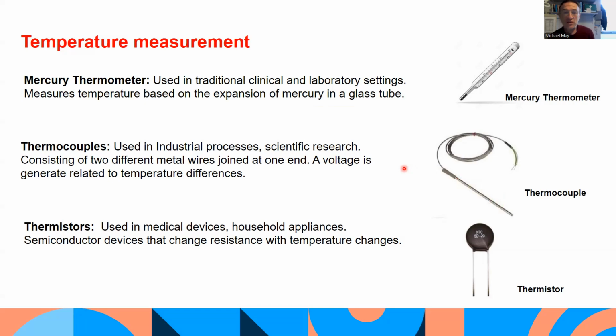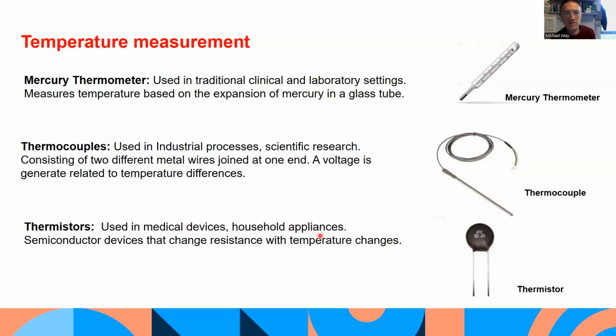A voltage is generated related to temperature difference. So this end, they would be joined. This is a protective sheath just to protect the wires from harsh environments. And then this end is connected to maybe an analog to digital converter, and you'll get your temperature reading taken into your PC.